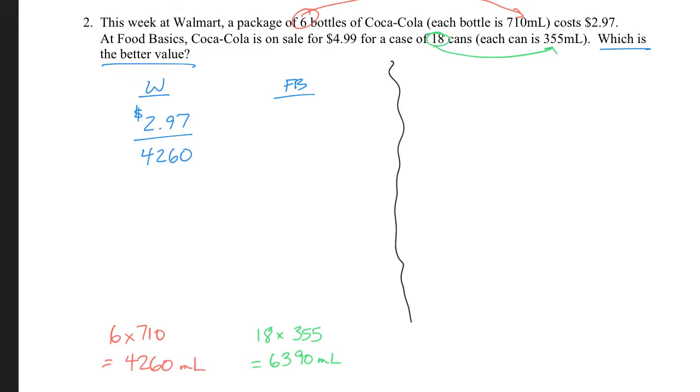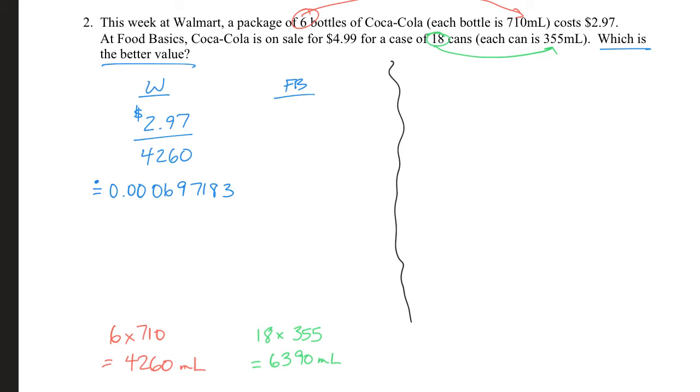Now, I can calculate that, and I'm going to get a really ugly decimal. Like, it is really ugly. I'm going to have to round it off. And if I work across my calculator screen, I'm going to get 0.000697183, depending on how wide your calculator screen is.